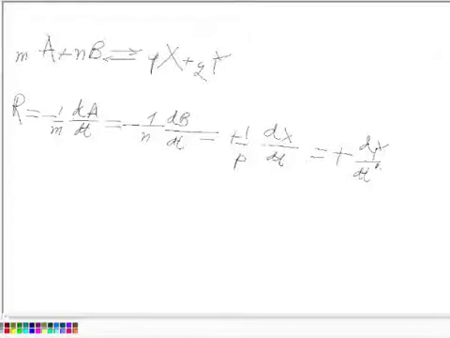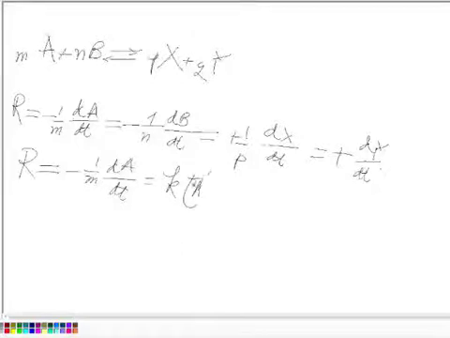Unit of K. So again, in the rate law, the integrated rate law, we have R equal to minus dA per dt, and this is equal to k[A]^m[B]^n.